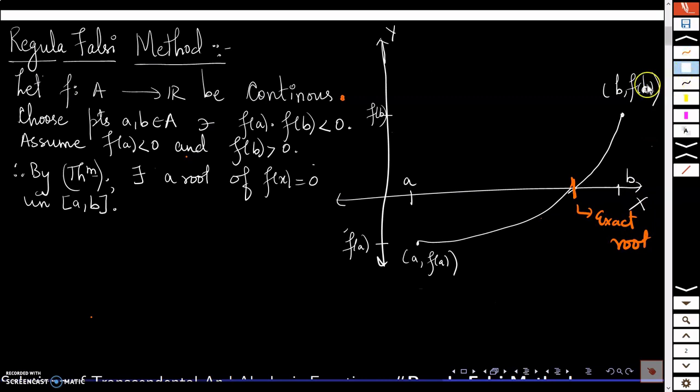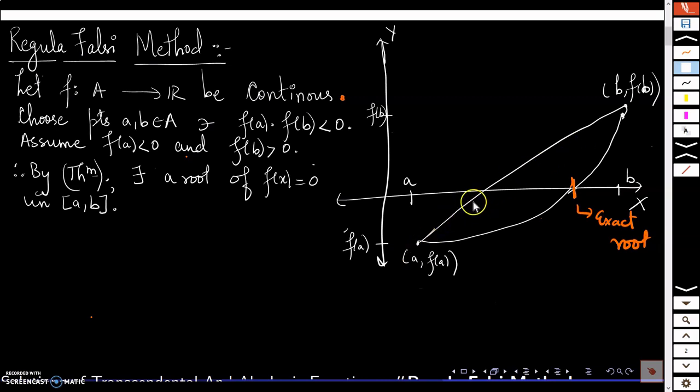So what I will do is join the points a comma f of a and b comma f of b by a chord. I will draw a chord between these two points. Assume that it's a straight chord.